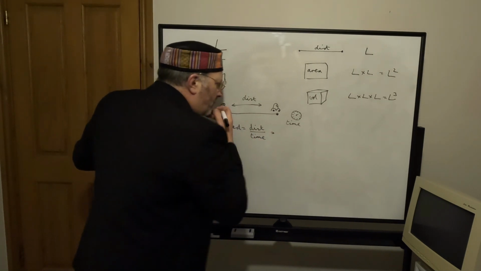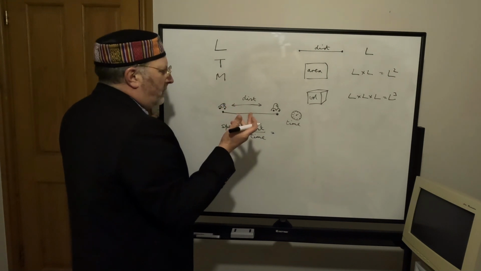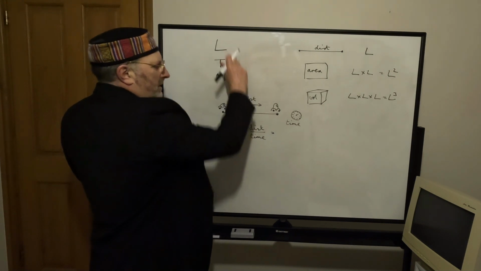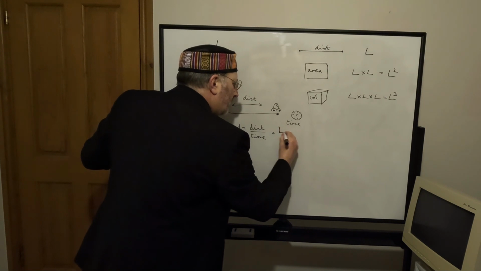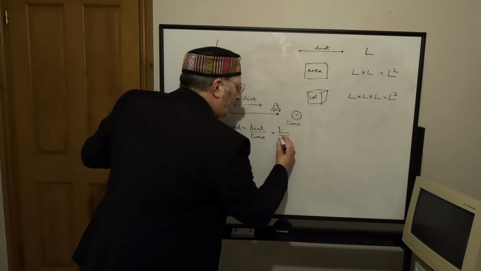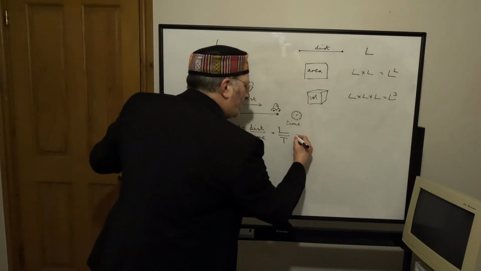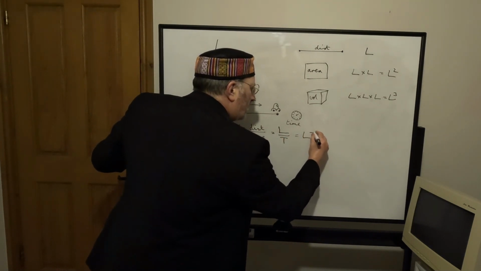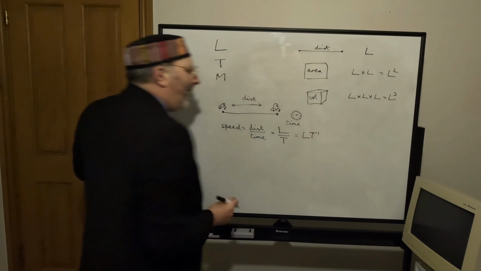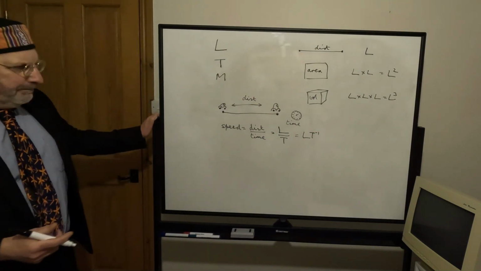And then in terms of our fundamental dimensions, the distance is a length, and time is, of course, a time. So the dimensions are a length divided by a time, which we can write, using our exponent notation, as L T to the -1.